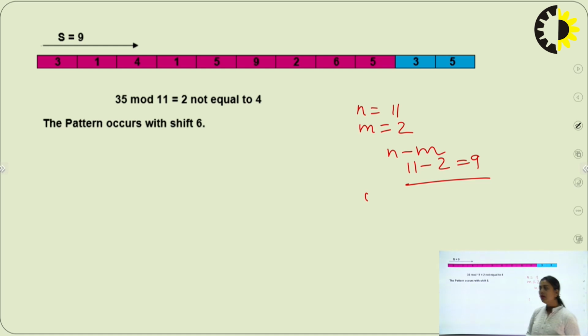Maybe we got one valid match, maybe two or more. So we have to loop through n minus m. In this particular example, the actual pattern was achieved at shift 6.